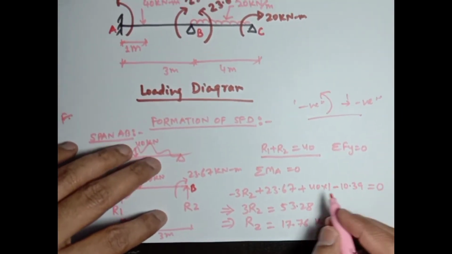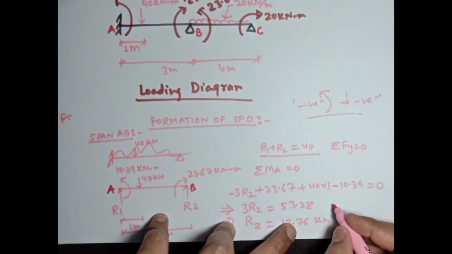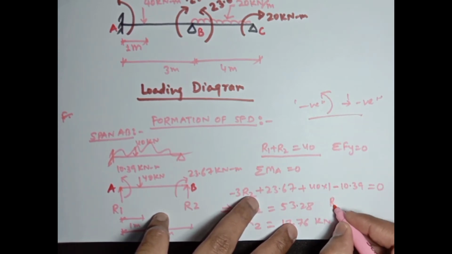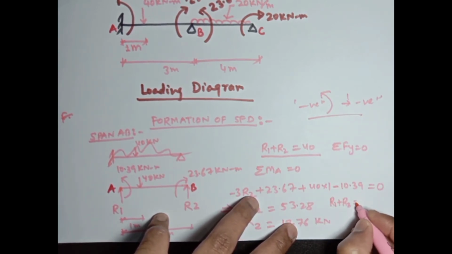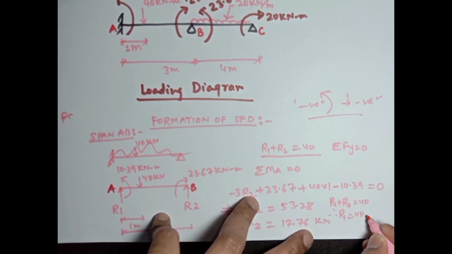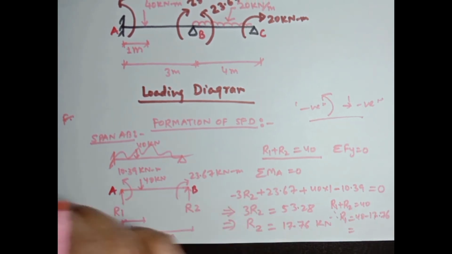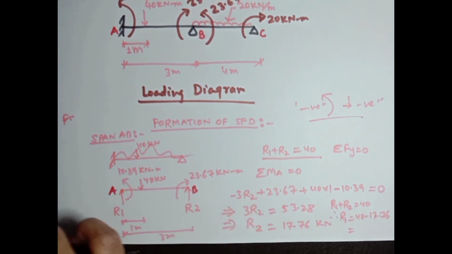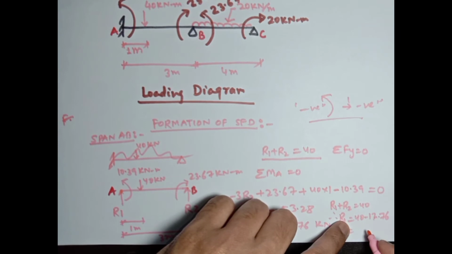Now R1 plus R2 is 40, therefore R1 will be 40 minus 17.76, which gives a value of 22.24 kilonewton.